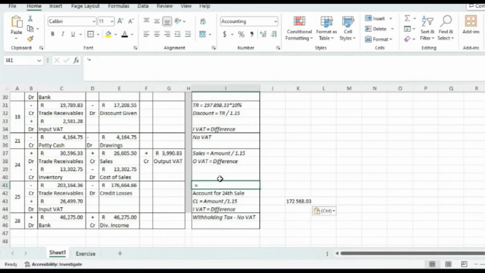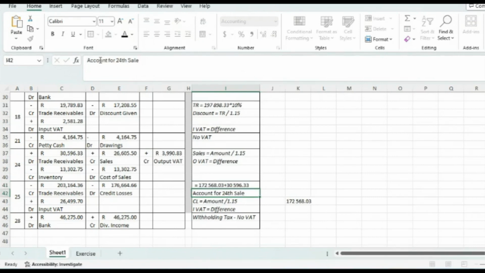So this is equal to 172,568.03 plus the 30,596.33. Okay.